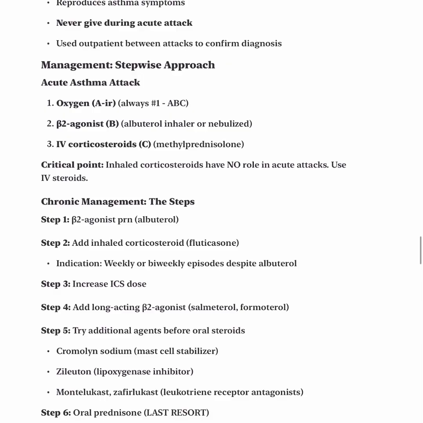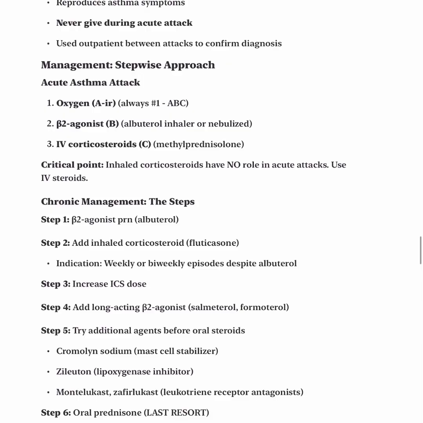As far as chronic management, the steps include step 1, beta-2 agonist, PRN. We're talking about albuterol. Step 2, you can add an inhaled corticosteroid. Think fluticasone. The indication is weekly or biweekly episodes despite albuterol. Next, step 3, we increase the inhaled corticosteroid dose.